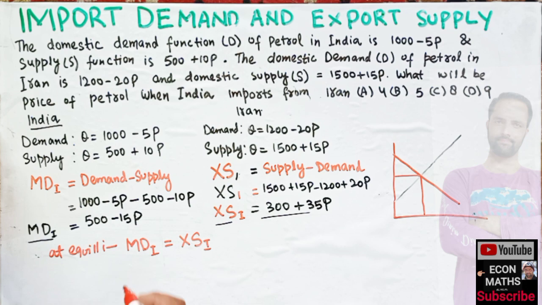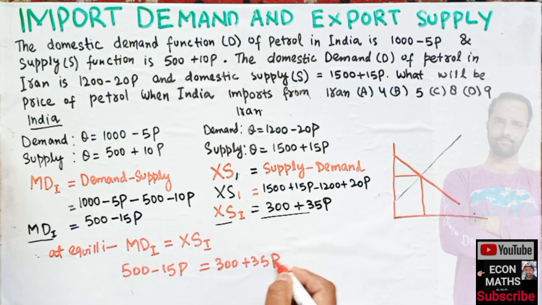Now equating these two, we have 500 minus 15p equal to 300 plus 35p. Transposing, 500 minus 300 is 200, and we have 50p here.